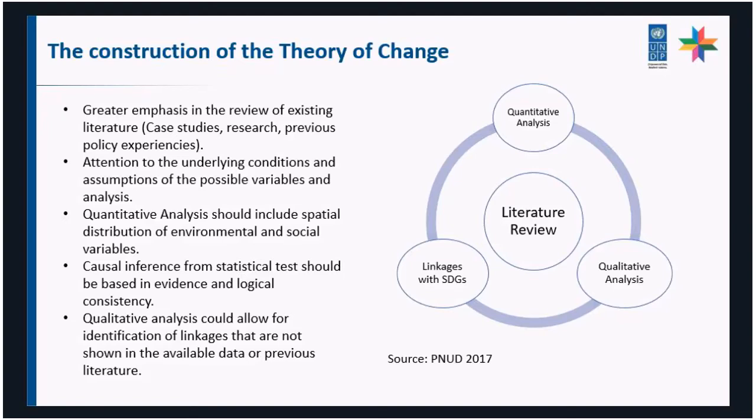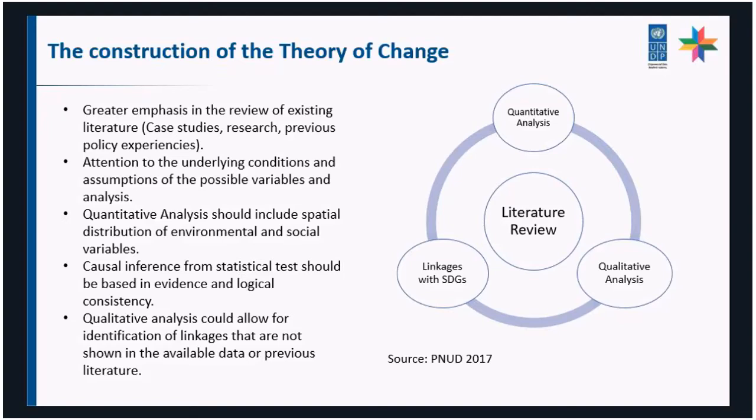That is going to inform not only the quantitative analysis, because some scientific data sets can be used for numeric analysis, but also the qualitative analysis and the linkages with the SDGs, like Almudena said.